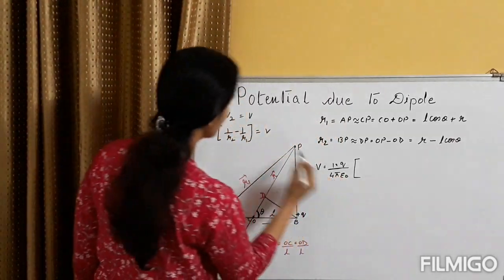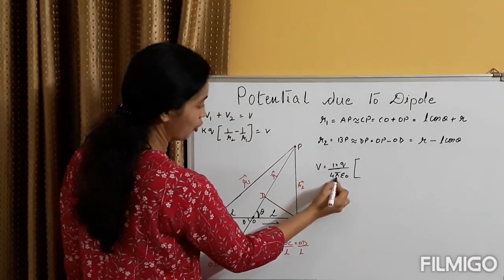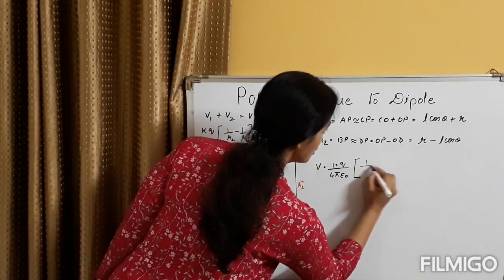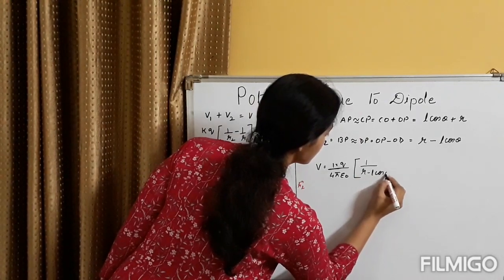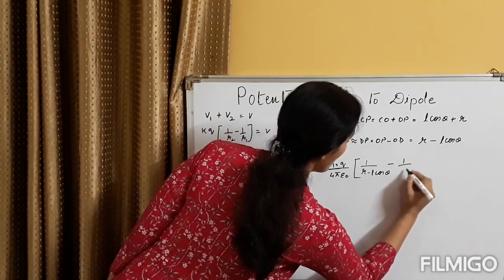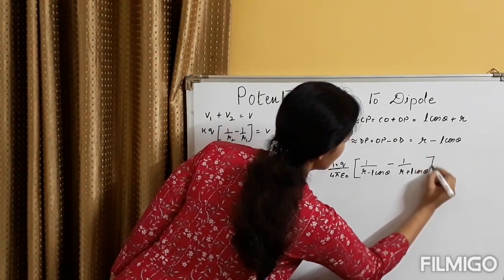Substituting these values, I get V total equal to K into Q, where K is 1 by 4 pi epsilon 0. Q into 1 by R2, which is 1 by R minus L cos theta, minus 1 by R1, which is equal to 1 by R plus L cos theta.